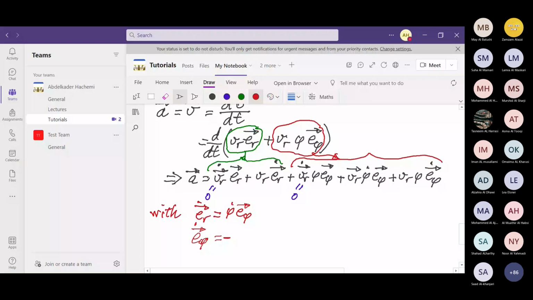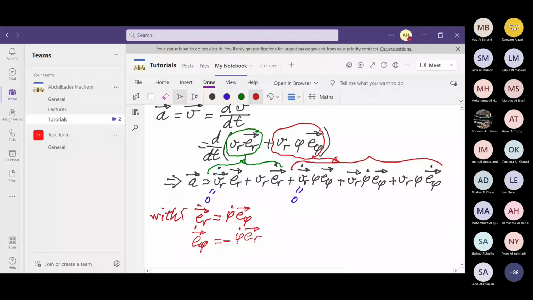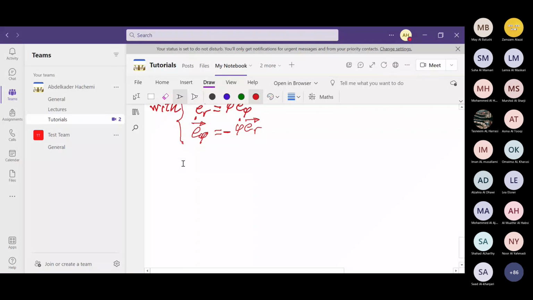This is what we demonstrated during the lecture. You look at the slides.